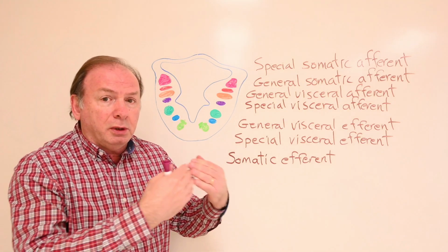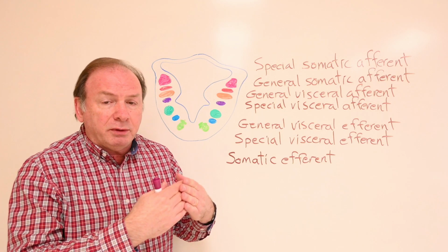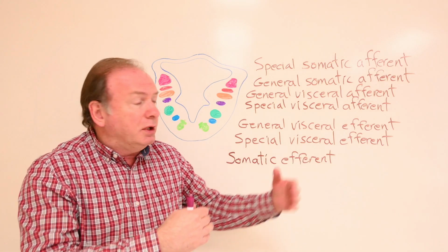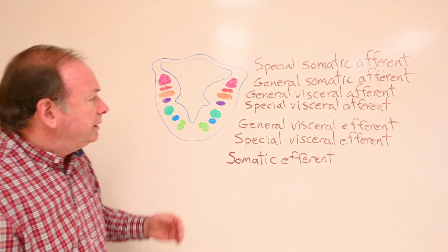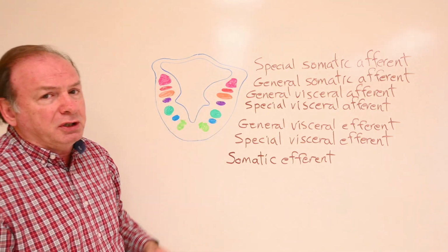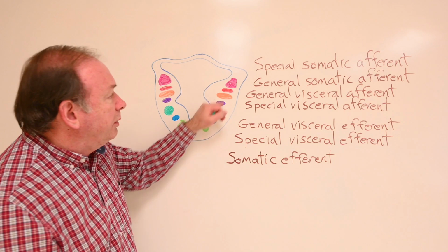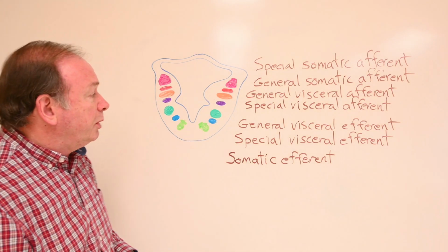When you get into the medulla, the myelencephalon region, the mesencephalon region up in there, you're going to see that same kind of pattern, but things become a little more specialized as you go from the ventral side of the brain to the dorsal side of the brain.